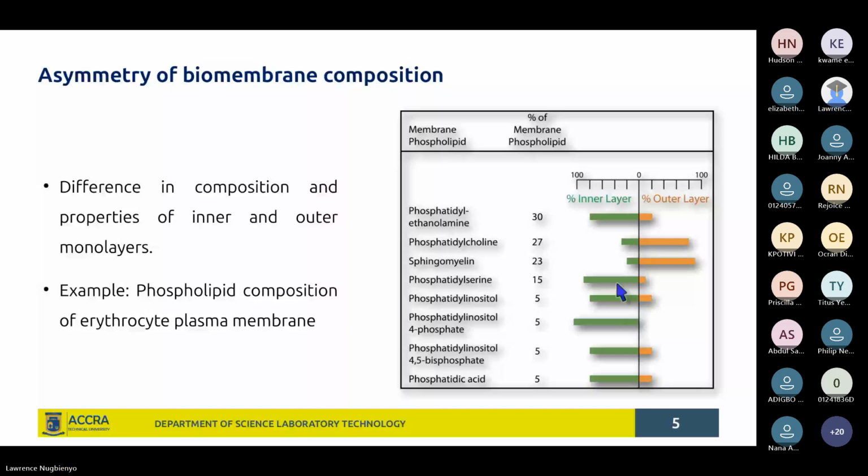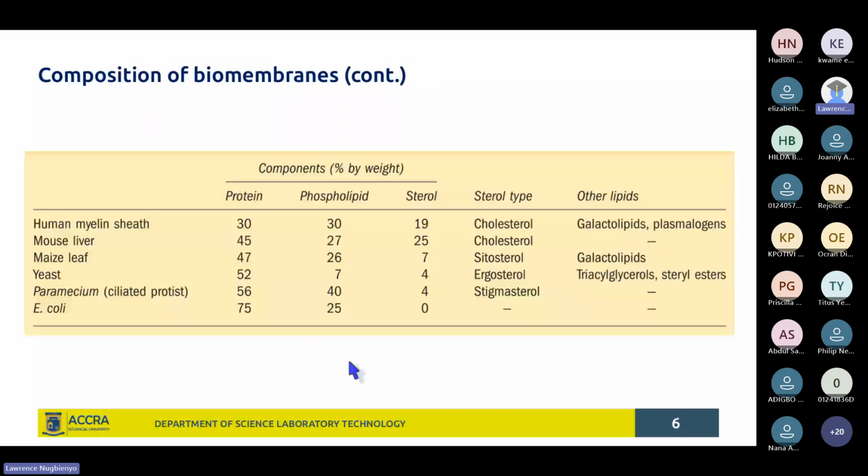Now, if you even take a look at cells from different organisms, say the human myelin sheath. You have seen myelin sheath in nerve cells. This time around, it's not just the lipids, but we are also looking at the composition of the proteins.